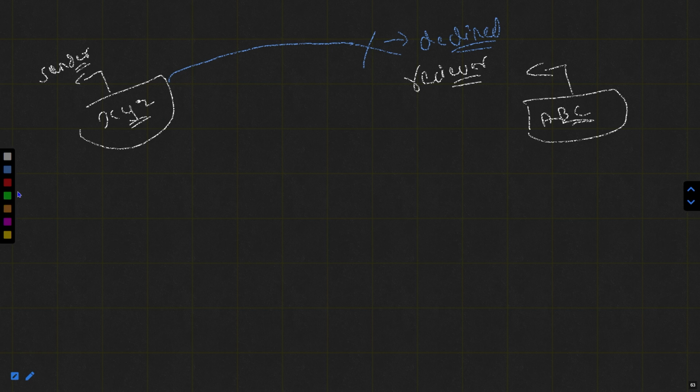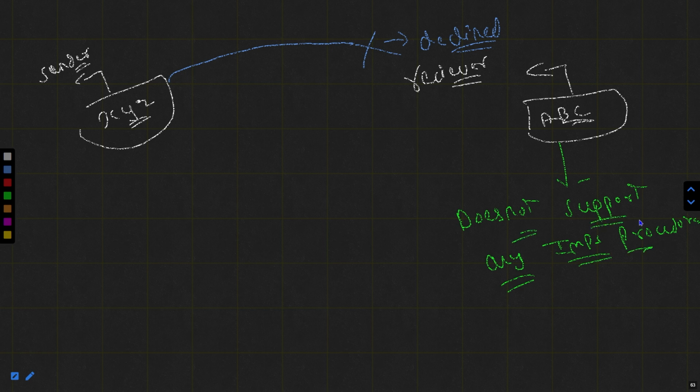What is the reason? Because this bank does not support any IMPS procedure. Okay. So if this is the situation, what is the potential thing that could happen?